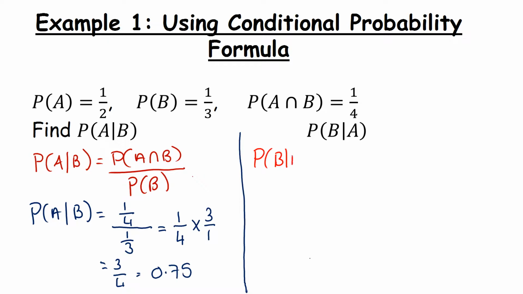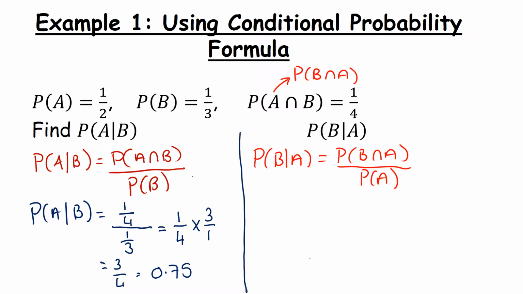So B given A. In this case, it's the probability of B and A happening over the probability of A. Just to make a quick note here, the probability of A and B happening is the same as the probability of B and A. We're just saying it backwards. So it's no different.